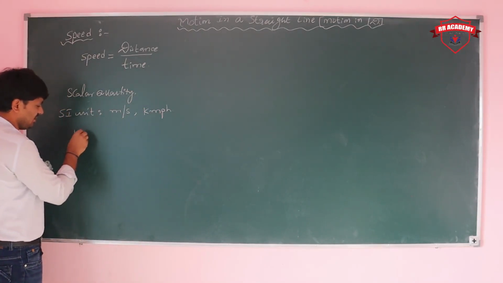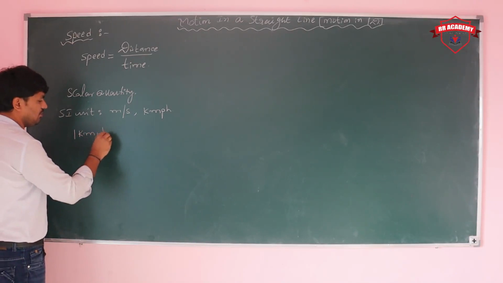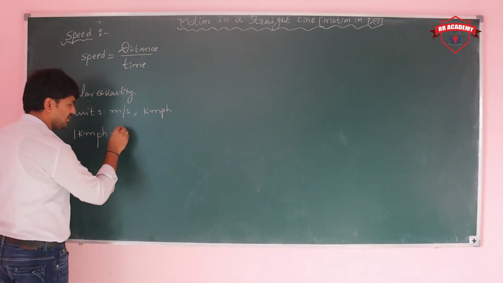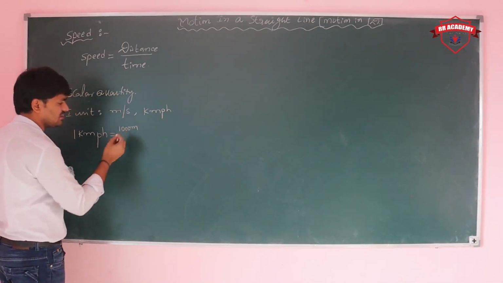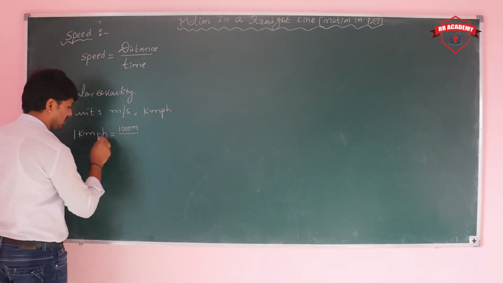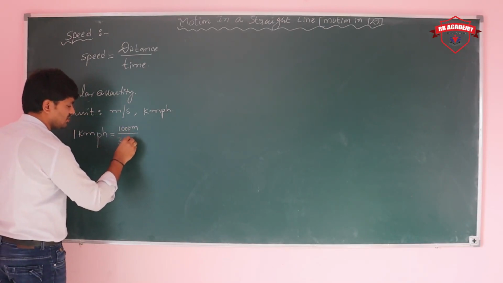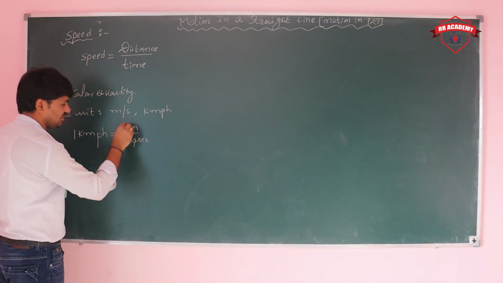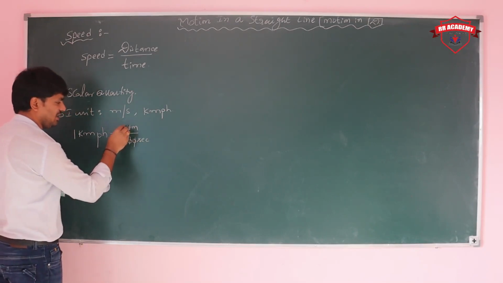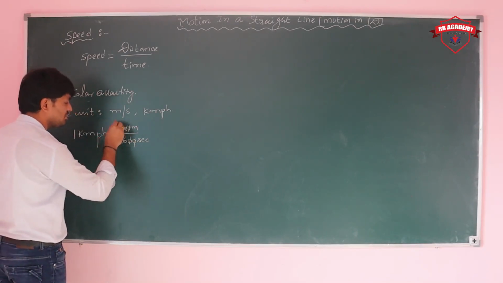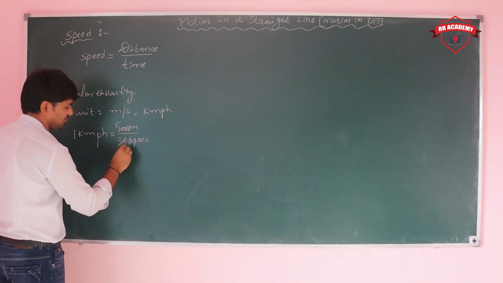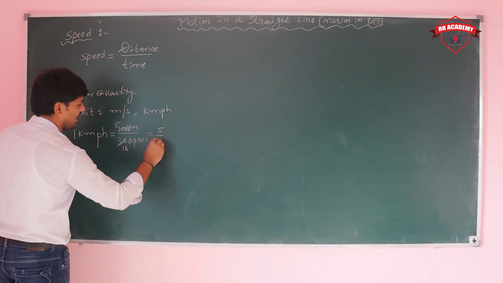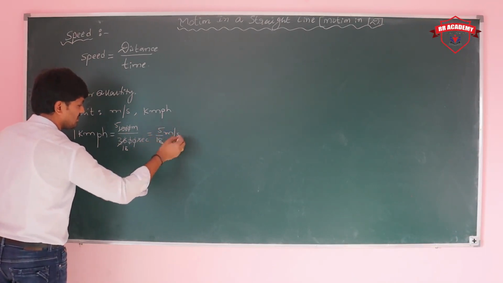Conversion: 1 kilometer per hour is equal to 1 kilometer, nothing but 1000 meters, per hour, which means 3600 seconds. The zeros cancel. Then 5 times 2 is 10 and 18 times 2 is 36, so we get 5 by 18 meter per second.